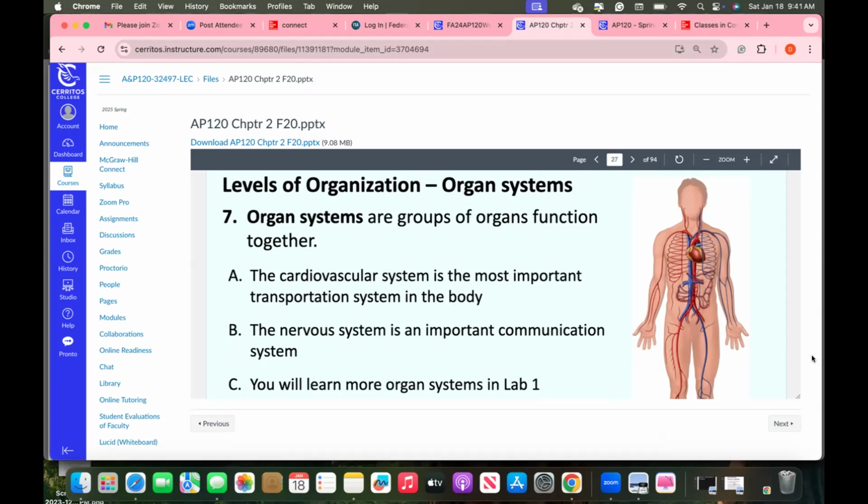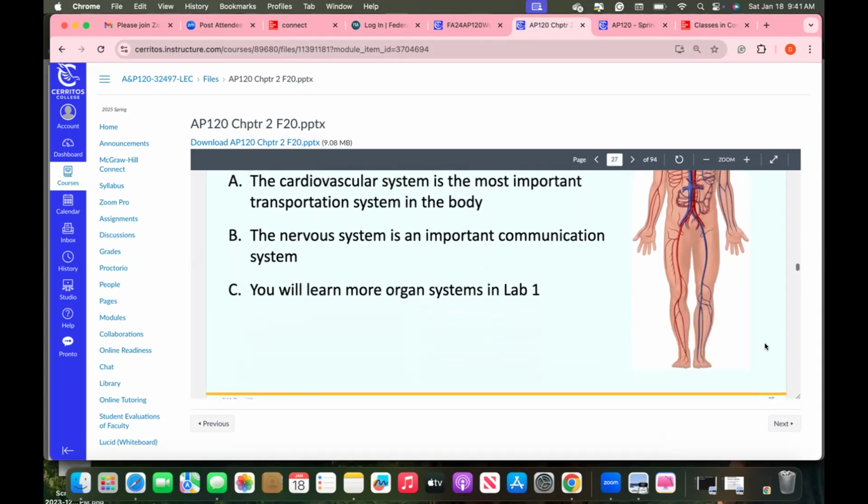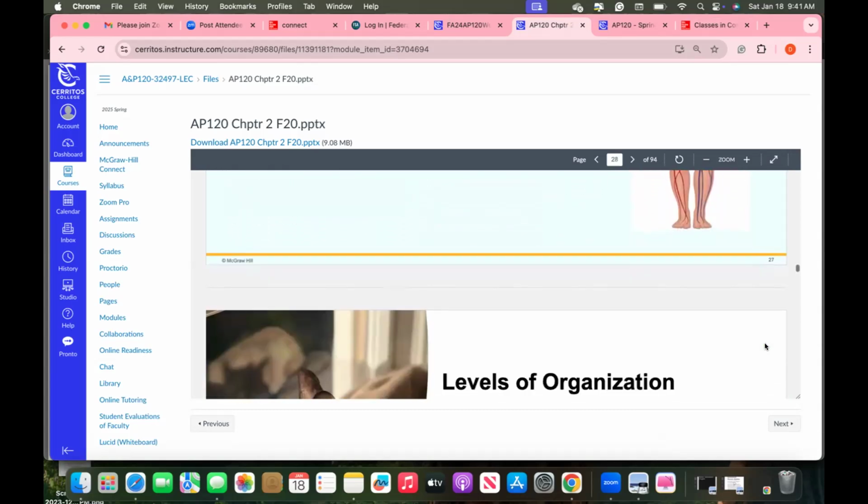And it's outlined for you here, right? It's a transportation system. The nervous system is an important communication system. You will learn more about organ systems in lab 1. Okay. All right.